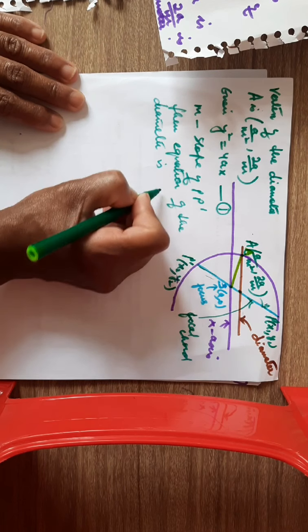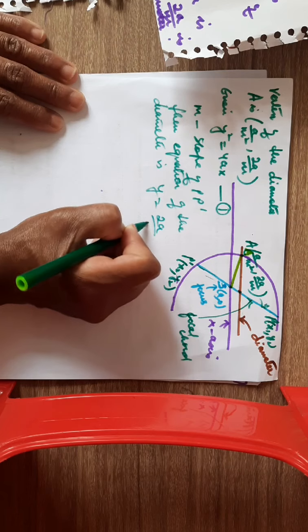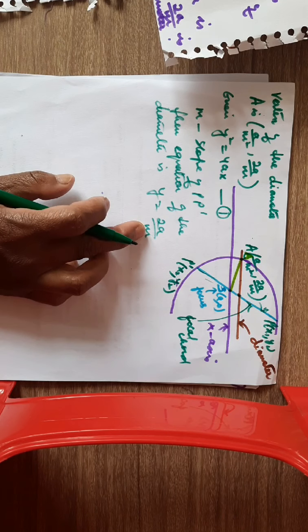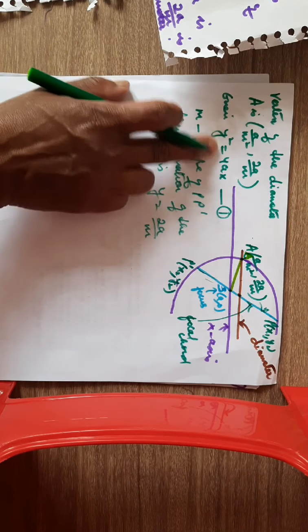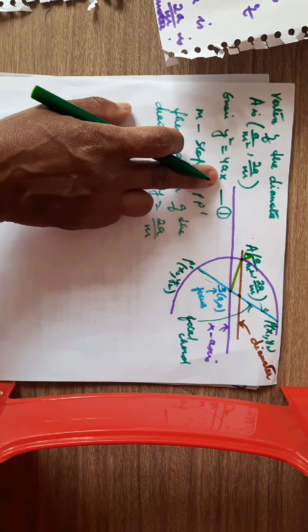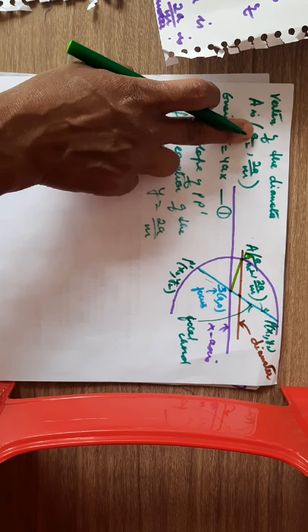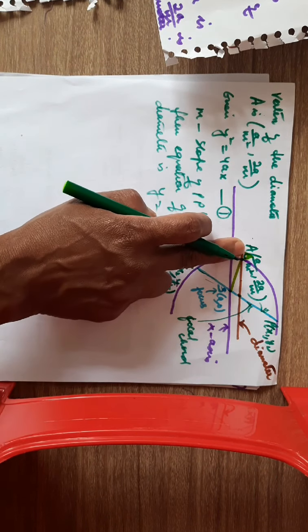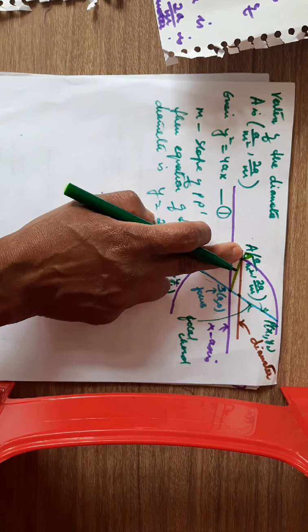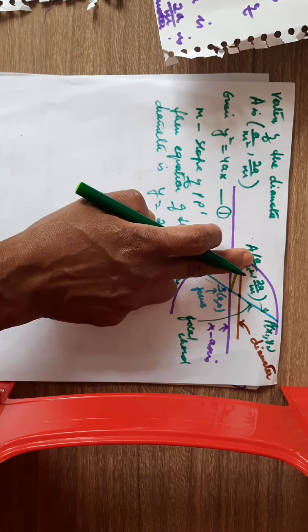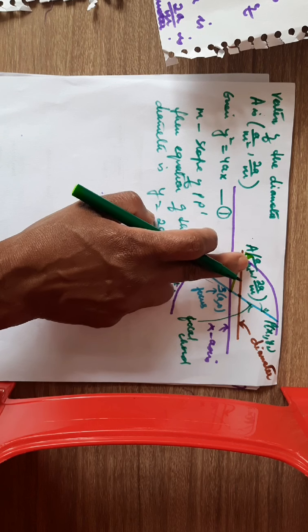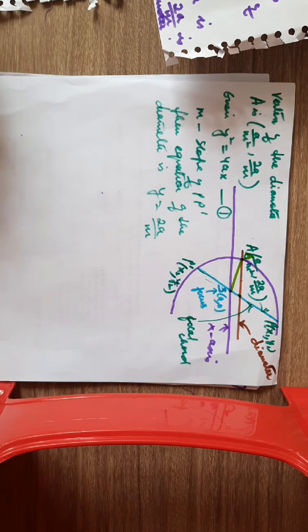The equation of the diameter is given by y is equal to twice a by m. On putting y equal to twice a by m in the given equation y square is equal to 4ax, you will get the x coordinate as a by m square. So the point of intersection of the diameter with the parabola is (a by m square, twice a by m).